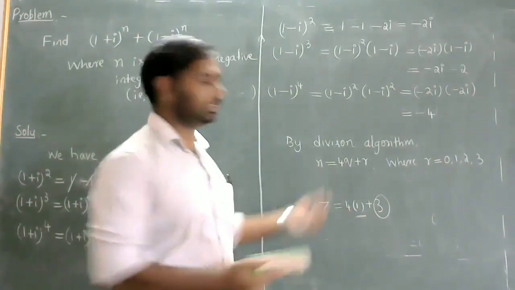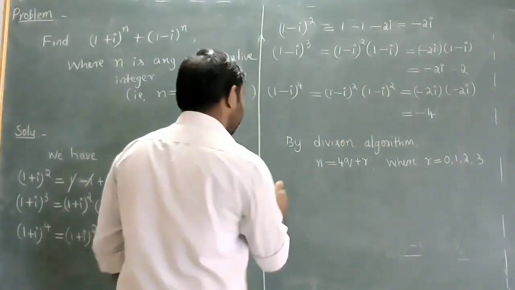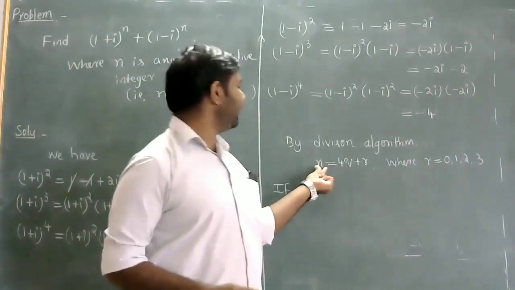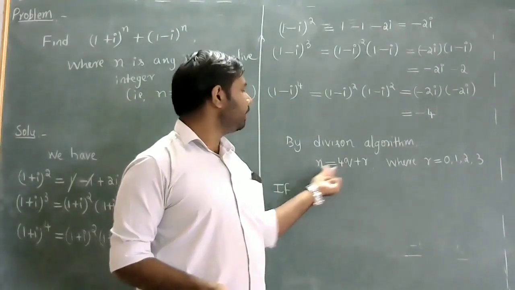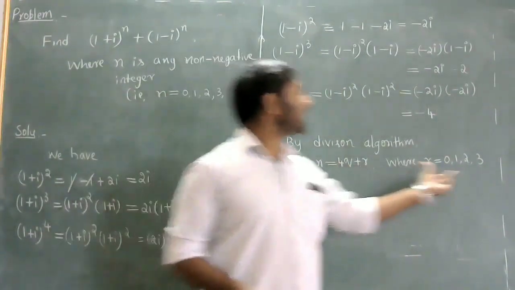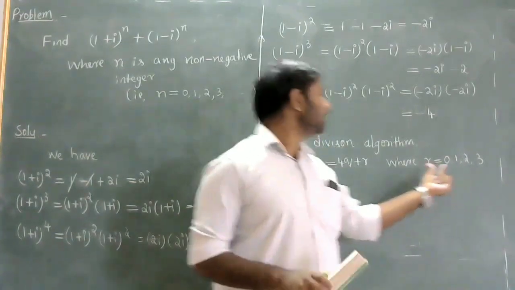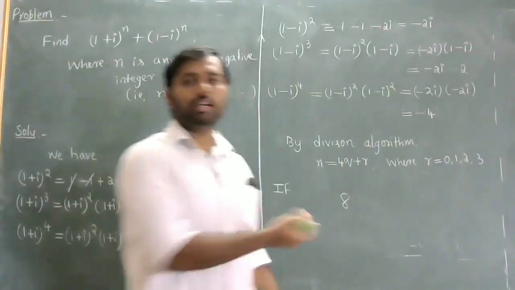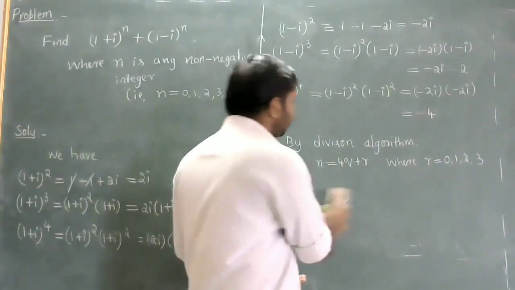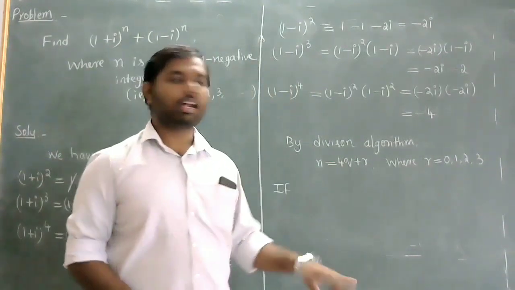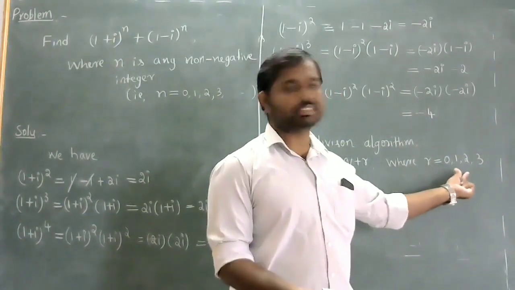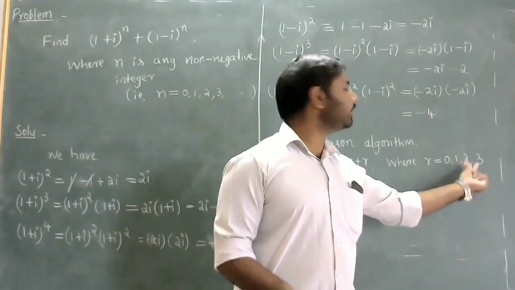Okay. Now, when you divide any non-negative integer by 4, the remainder has these 4 possibilities. The remainder could be 0; if you divide 8 by 4, the remainder is 0. If you divide 9 by 4, the remainder is 1, like this. It could be 0, 1, 2 or 3.